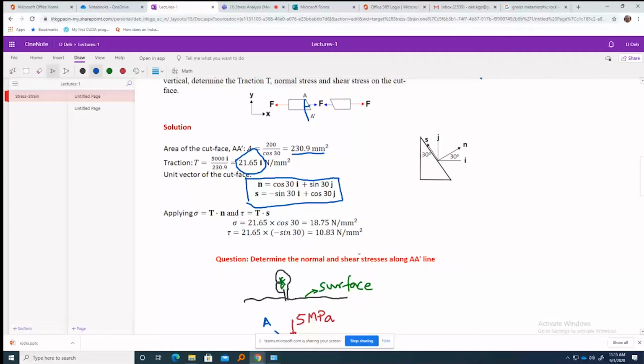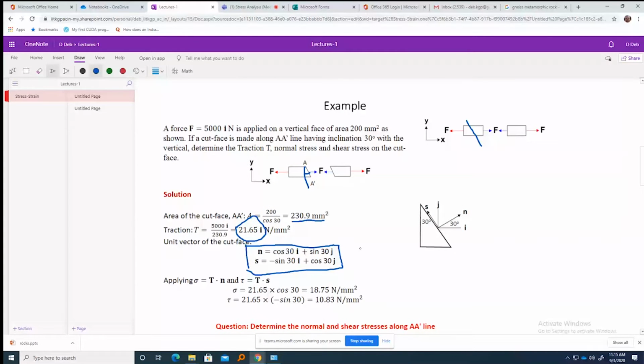Okay. You understood this part? How we calculate this? Or any confusion? Anybody? Everybody understood?